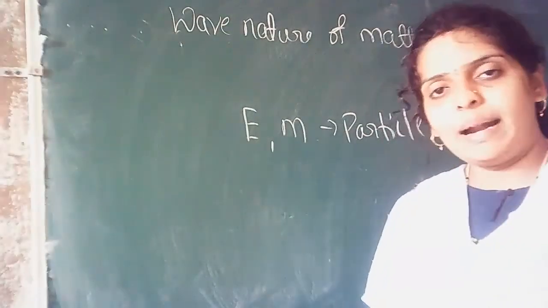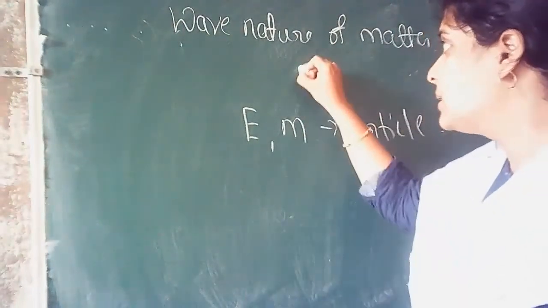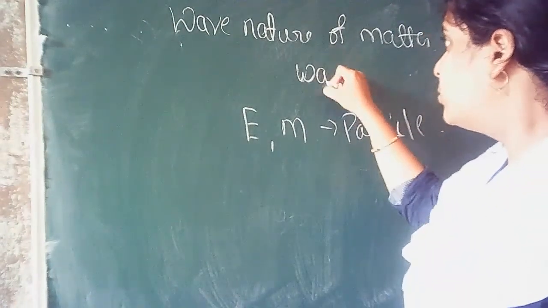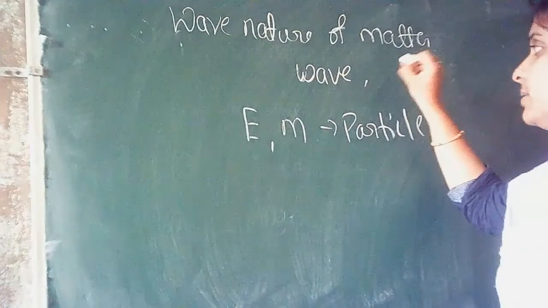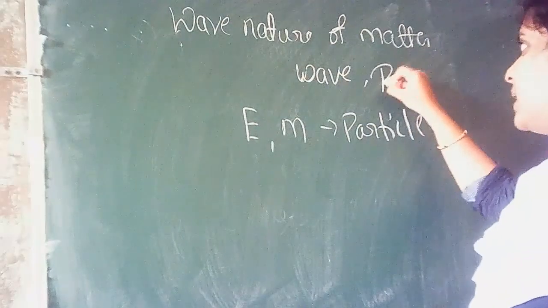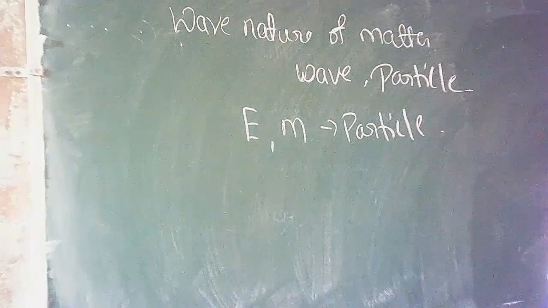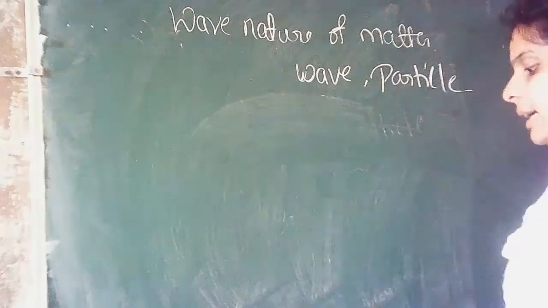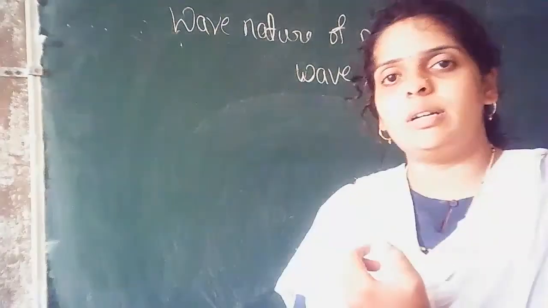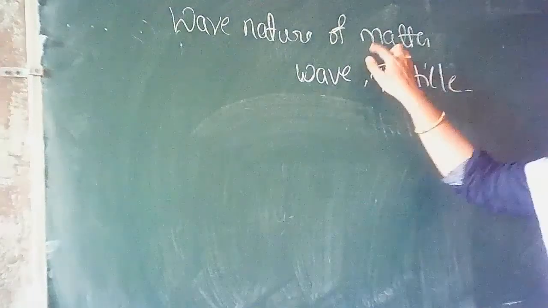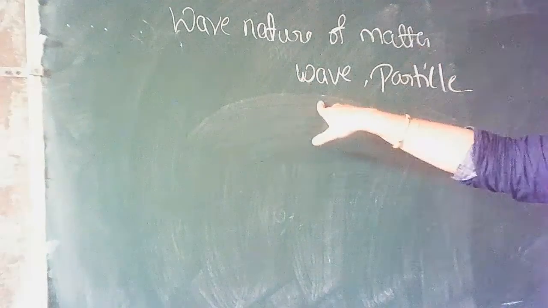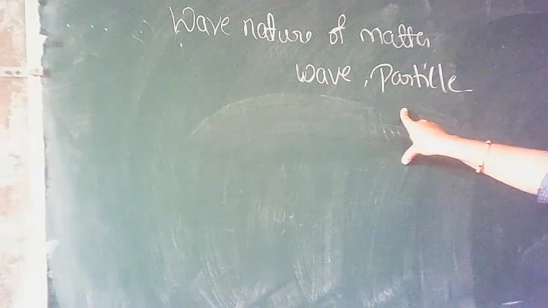So the moving matter behaves as both wave-like and particle. So this is De Broglie's explanation. De Broglie suggests that moving matter behaves as both wave and particle nature.